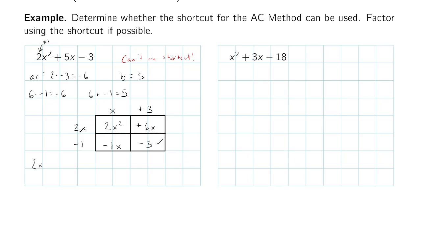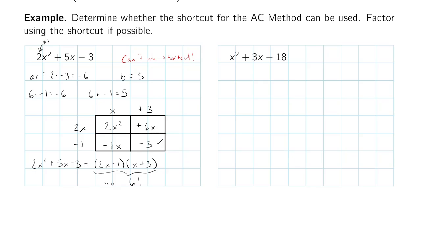My 2x squared plus 5x minus 3 factors as 2x minus 1 times x plus 3. And notice that there's no 6 anywhere in my factored form. The numbers that I used to split up the middle term did not, in this case, appear in my factors.